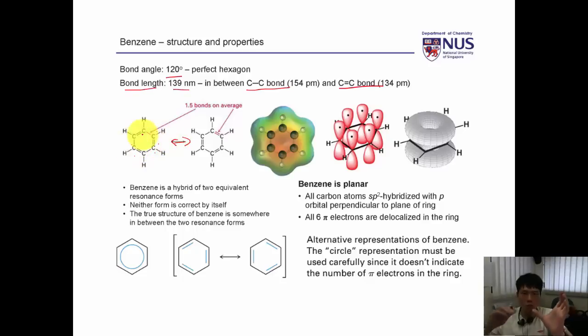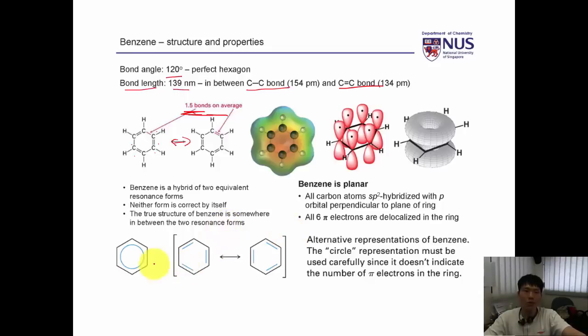Or you can switch, move the gear, and you get single, double, single, double, single, double. So you see, when we average these two structures, we get about 1.5 bond on average. So benzene is actually a hybrid of two equivalent resonance forms. Neither form will stand on its own, it's always moving. So that's why the true structure of benzene is somewhere between the two resonance forms.